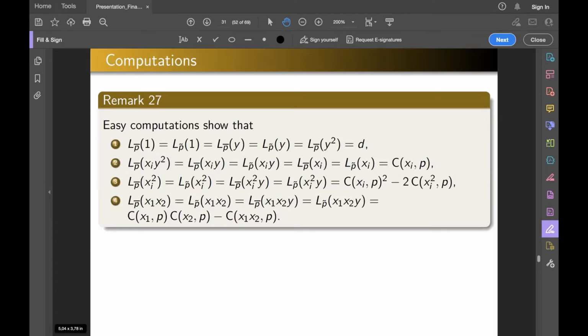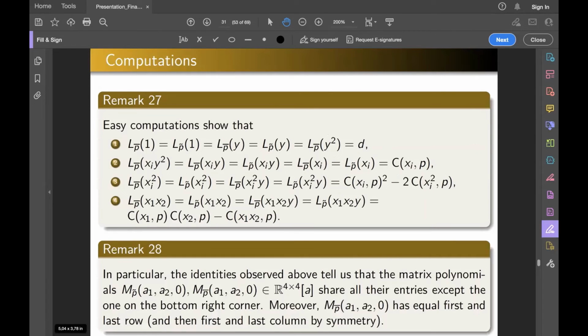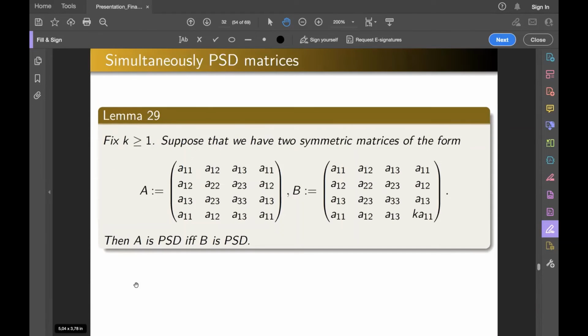Of course, then we have all this relation between the different linear forms defined for every polynomial. And this relation implies a particular form of the matrices defined by these polynomials. The form that these matrices have is this one. You see that there is a small k here, and this is the k that you multiply the last term by.